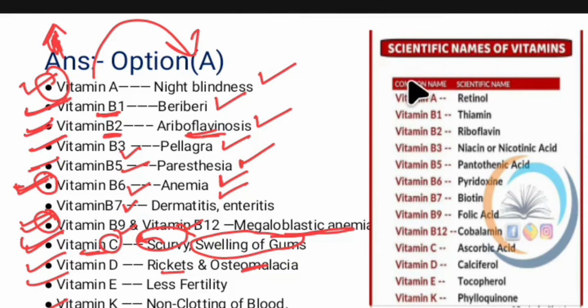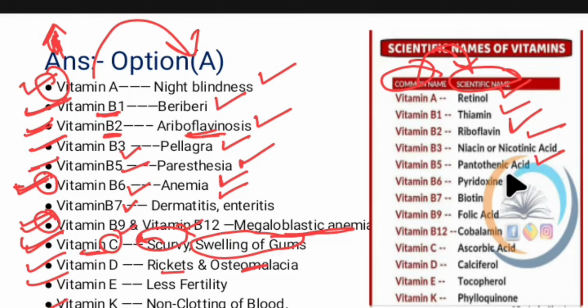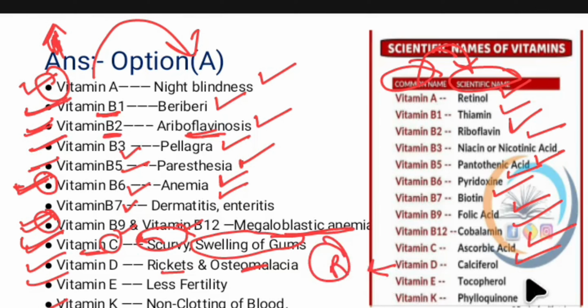These are the vitamins and their scientific names. Vitamin A is retinol, B1 thiamine, B2 riboflavin, B3 niacin, B5 pantothenic acid, B6 pyridoxine, B7 biotin, B9 folic acid, B12 cyanocobalamin, vitamin C ascorbic acid, vitamin D calciferol, vitamin E tocopherol, and vitamin K phylloquinone.